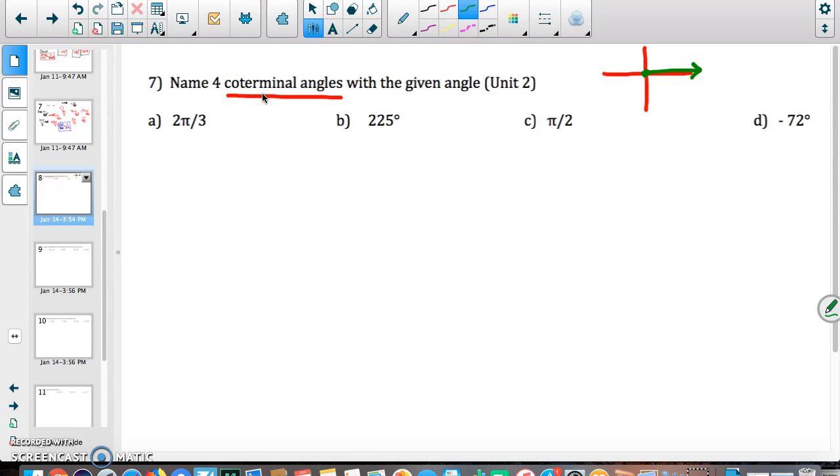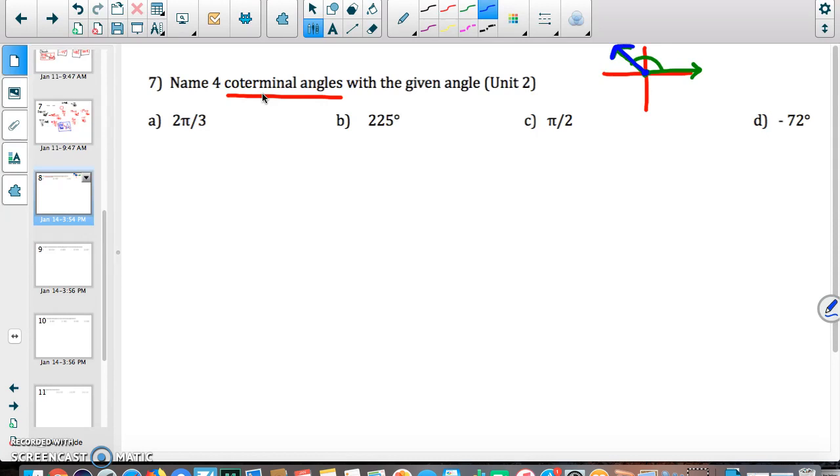So 2 pi over 3, that's going to be over here, correct? So here's my angle that is 2 pi over 3. An angle that is coterminal with 2 pi over 3 shares the same end or terminal side that I outlined in blue.